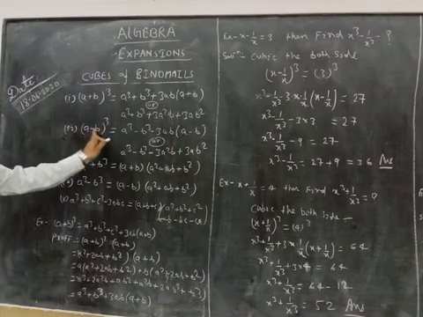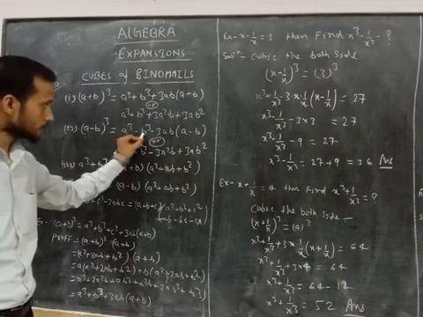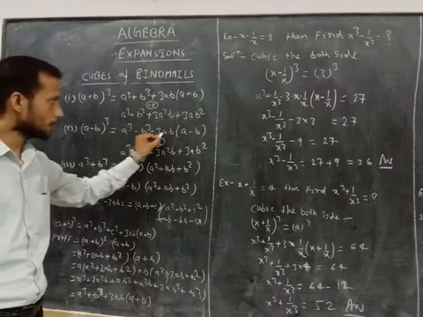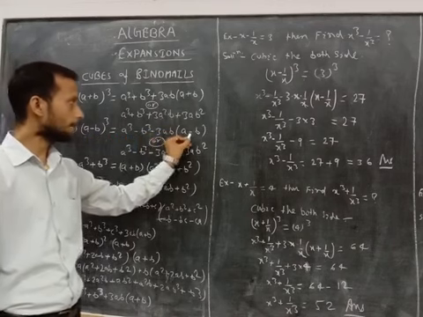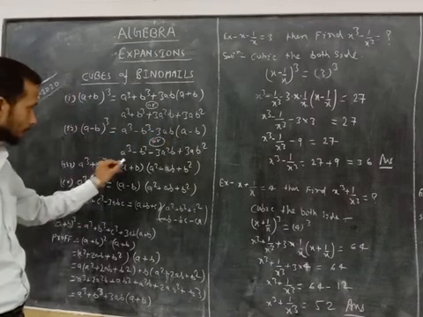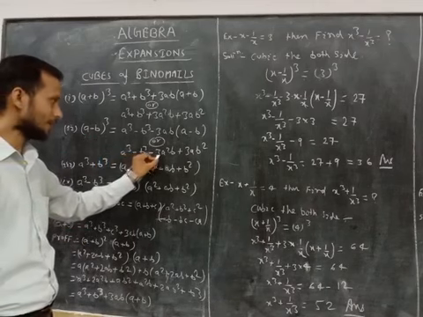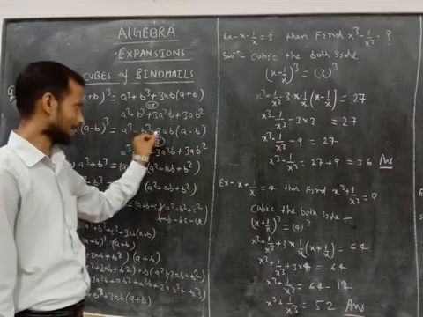Same as (a minus b) whole cubed: a cube minus b cube minus 3ab into (a minus b), which can also be written as a cube minus b cube minus 3a square b plus 3ab square.